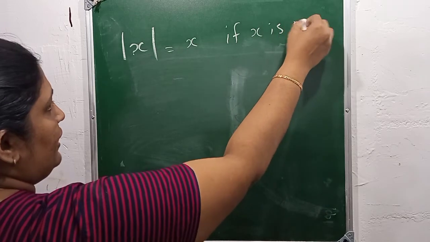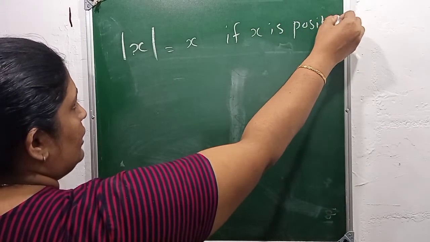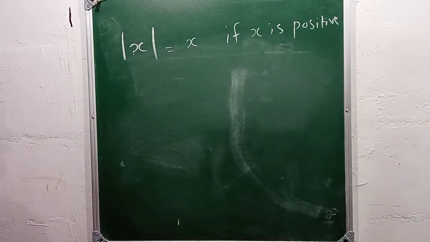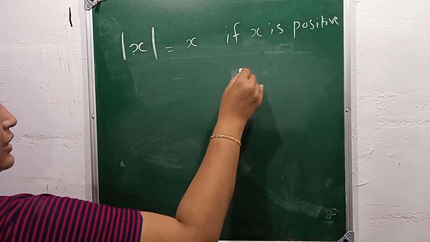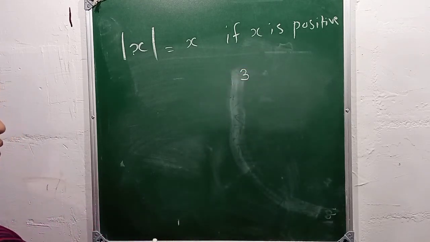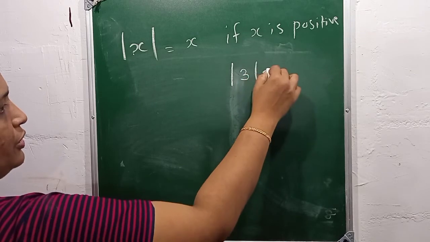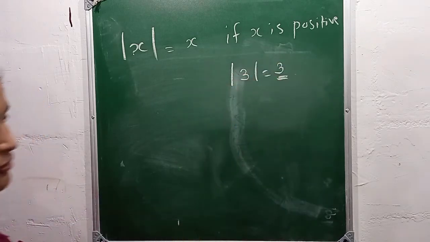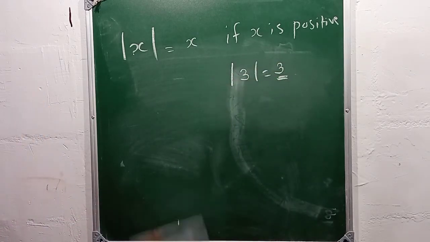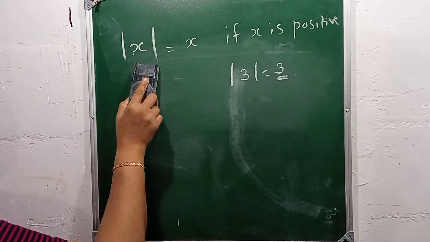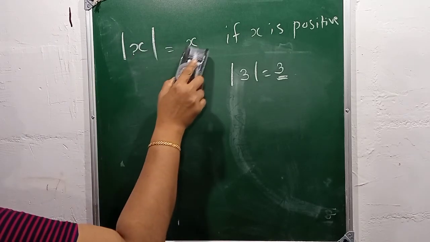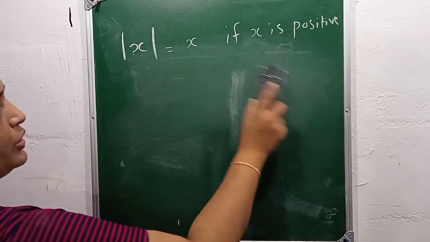If x is a positive number, we know that the absolute value is x itself. That is, 3 is a positive number, then modulus of 3 is equal to 3 itself. So modulus, absolute value of a number x is equal to x if x is positive.